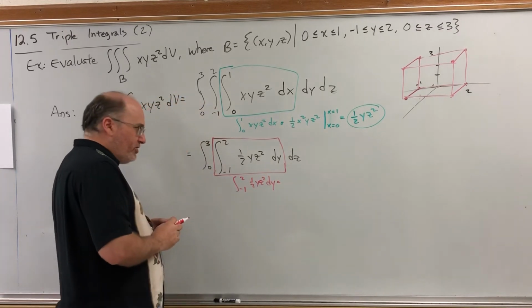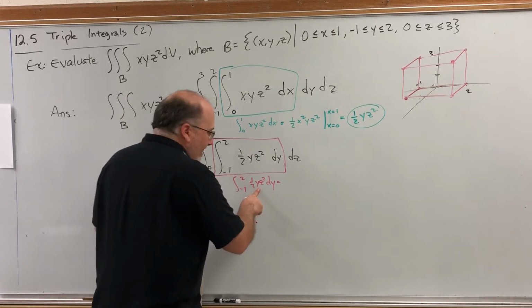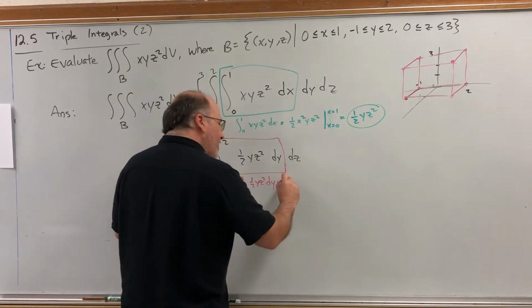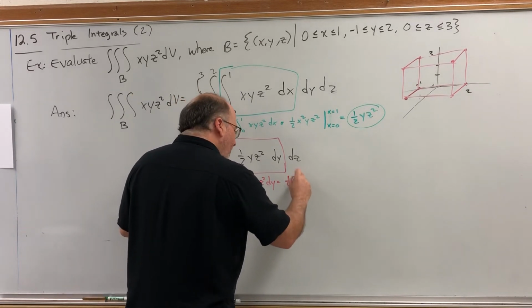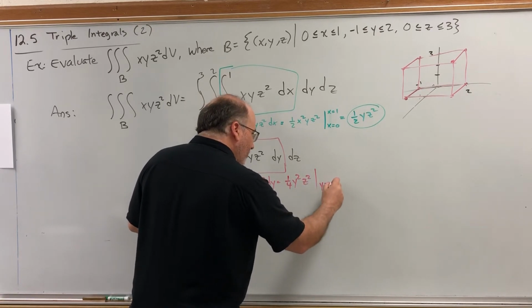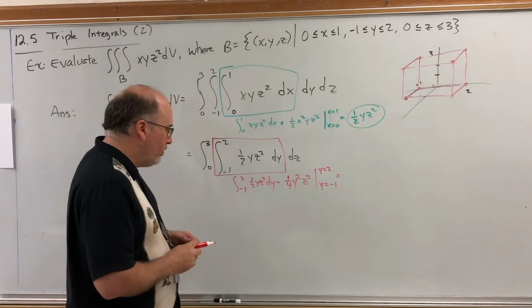The z squared is a constant, so we just integrate the y. The integral of y is 1/2 y squared, so we'll pick up another 1/2. 1/2 times 1/2 is 1/4, y squared, z squared. And this is being evaluated from y equals -1 to y equals 2. So I'll have to substitute both of them.